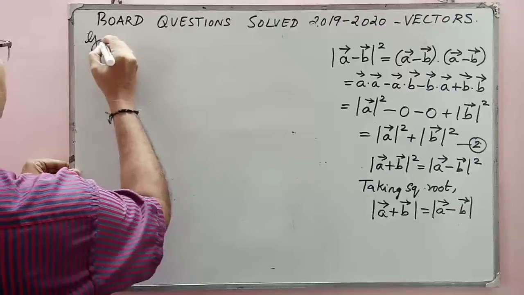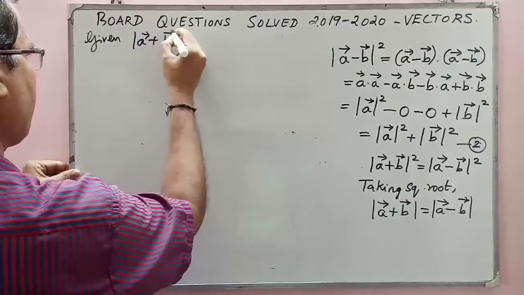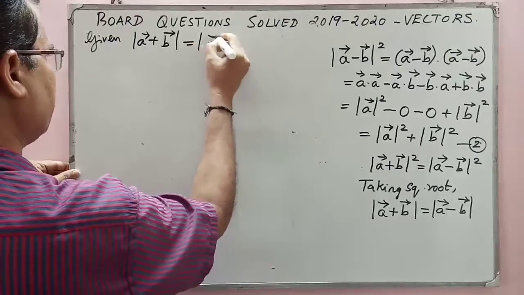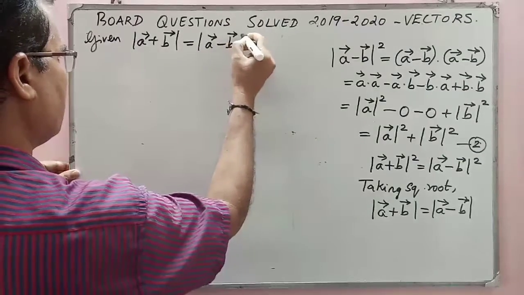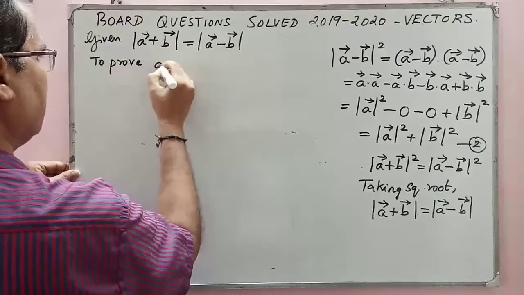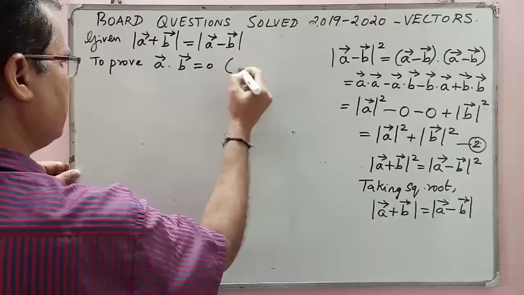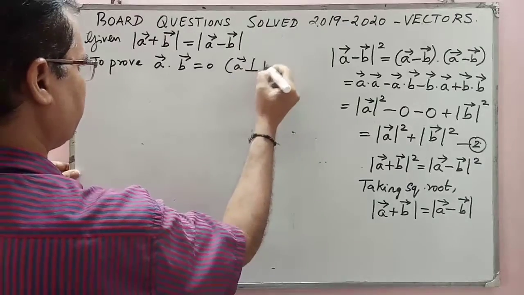So we are given modulus of A vector plus B vector is equal to modulus of A vector minus B vector. We are going to prove A vector dot B vector equals 0, or you can say A vector is perpendicular to B vector, we are going to prove.